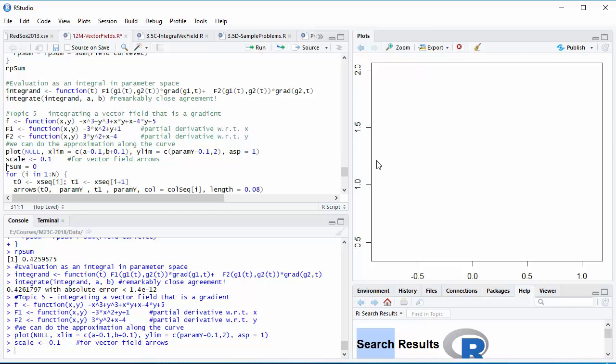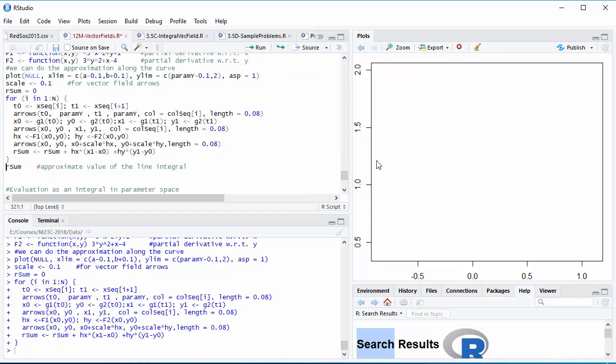Now I can do exactly the same computation as before. All we're interested in is the picture. So here is my curve, same as before, and here is my new vector field. And in order to evaluate the integral of that vector field along this path, what I do is at each little increment of the path, I take the dot product of the force vector and the displacement vector.